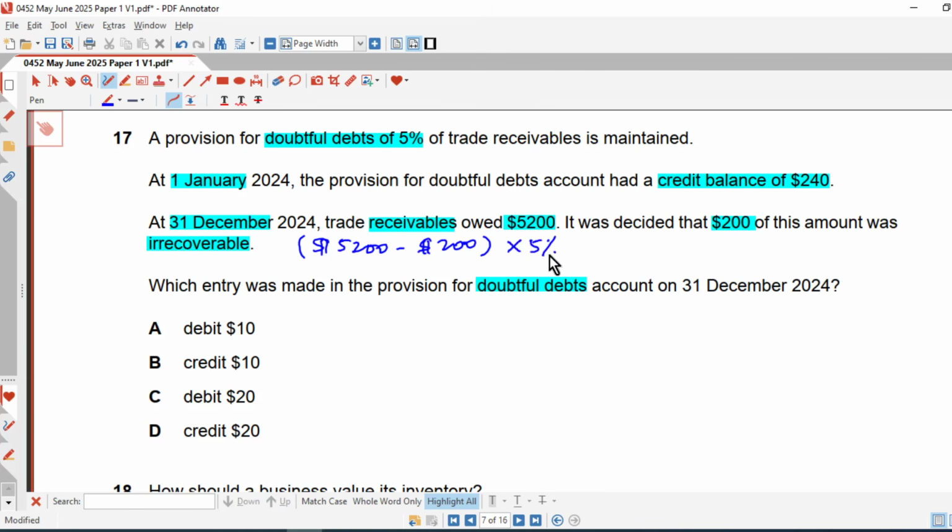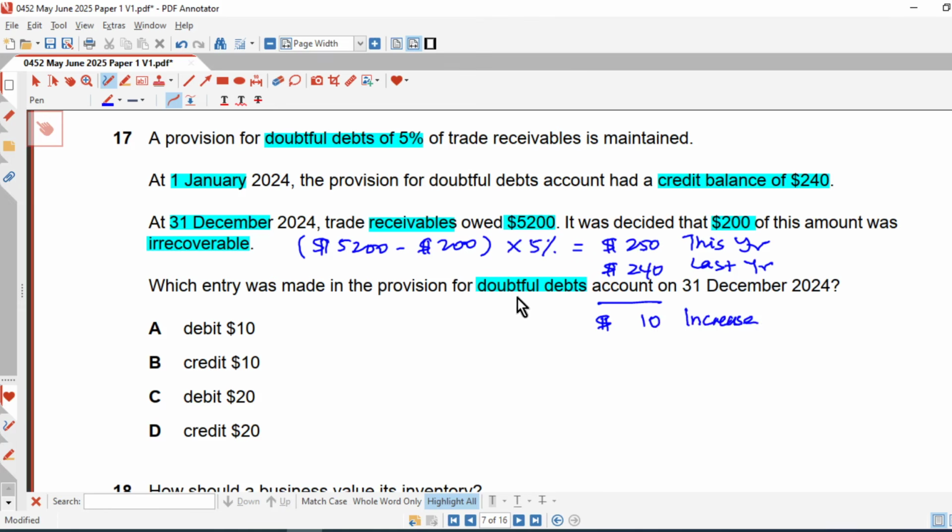So that's 5,000 by 5%, you're going to get 250. Now, this is your provision for this year. Last year, the opening balance was 240. So your provision for doubtful debts would increase by $10 in the year 2024.